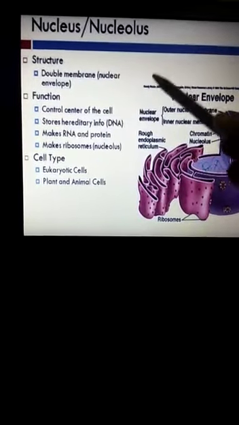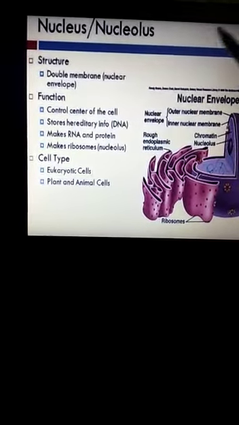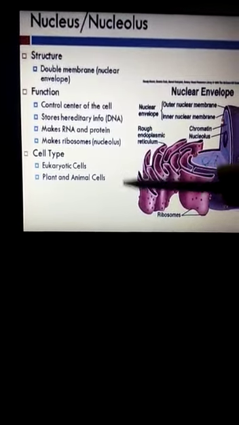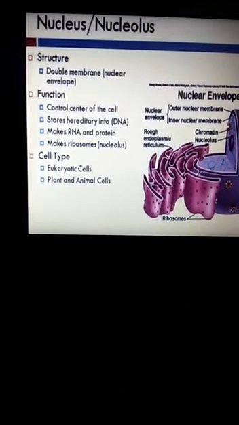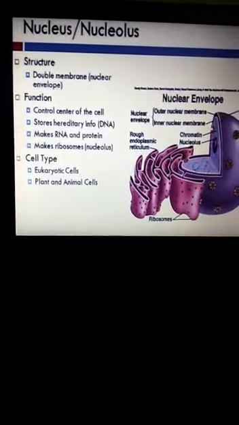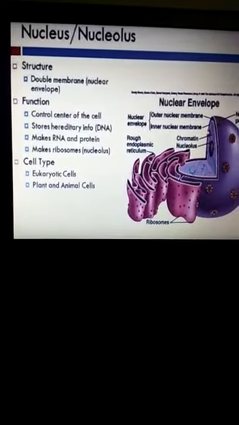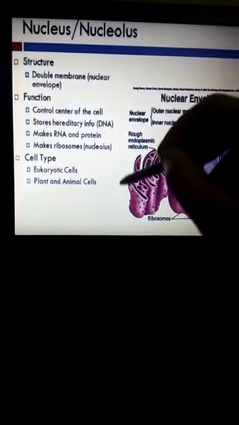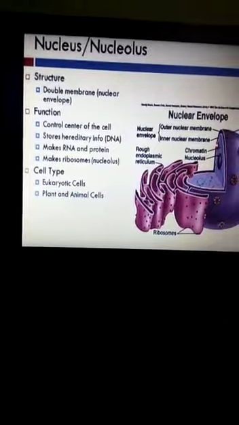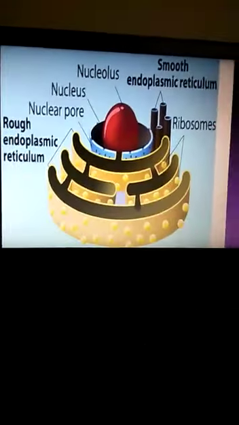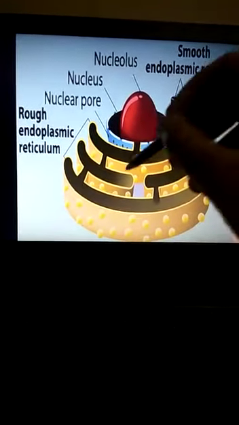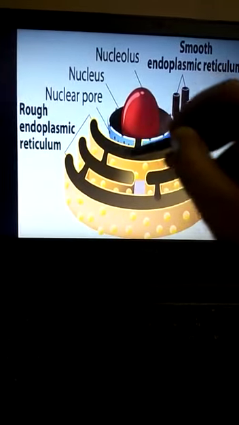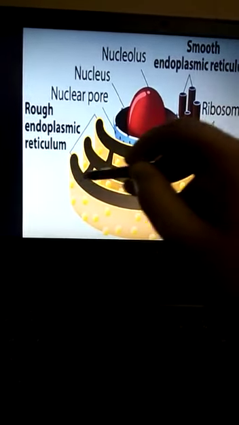So now, after the discussion of the cell membrane, after the discussion of the nucleus and the cytoplasm, we are in a position to discuss the rest of the cell components, and we are going to start from this extension known as the endoplasmic reticulum. So if you see the endoplasmic reticulum, it can be seen as an extension of the nuclear membrane.